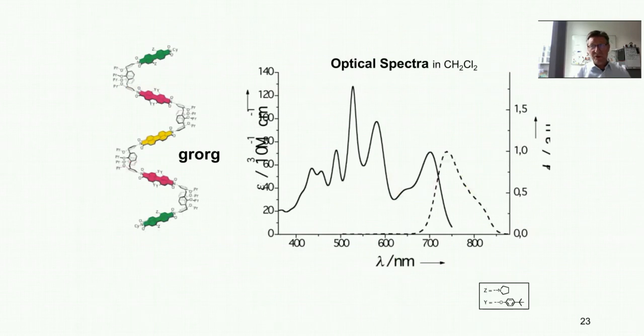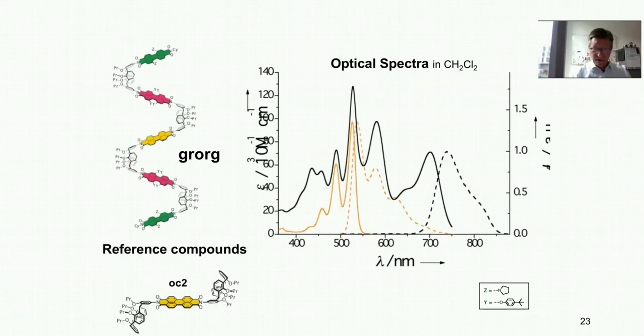But it also shows you very nicely the way that the overlap integral can be determined or visualized. Here we have a particular molecule, the GRORG, so it is green, red, orange, red, green. It contains 3 different chromophores with the orange in the center. This is the absorption spectrum of the whole system.